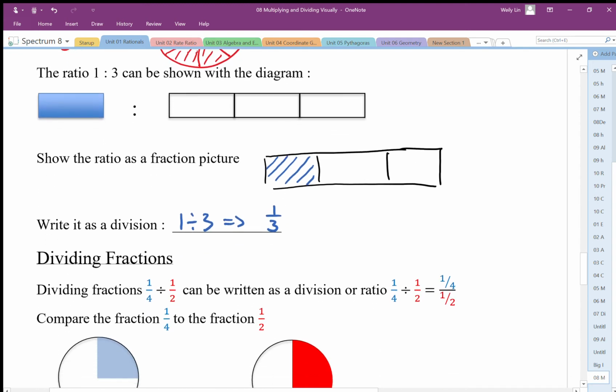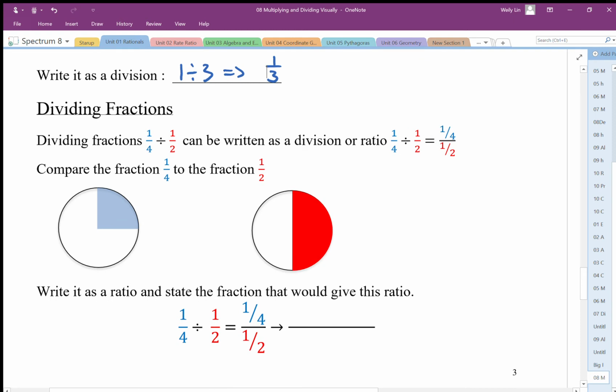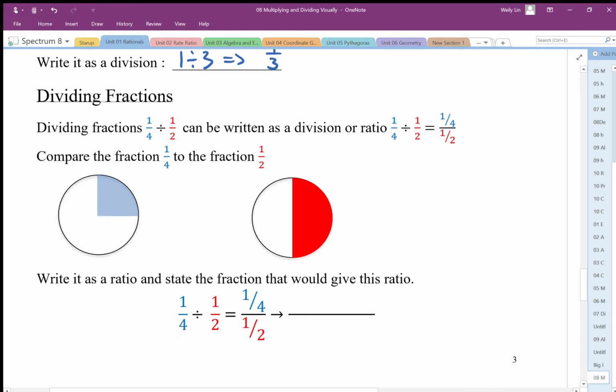So when we divide fractions, the model that we want to use for visualizing this is to show it as a ratio. When I do 1/4 divided by 1/2, I'm going to be showing it as a 1/4 fraction compared to a 1/2 fraction as a ratio. So there's my 1/4 to 1/2.